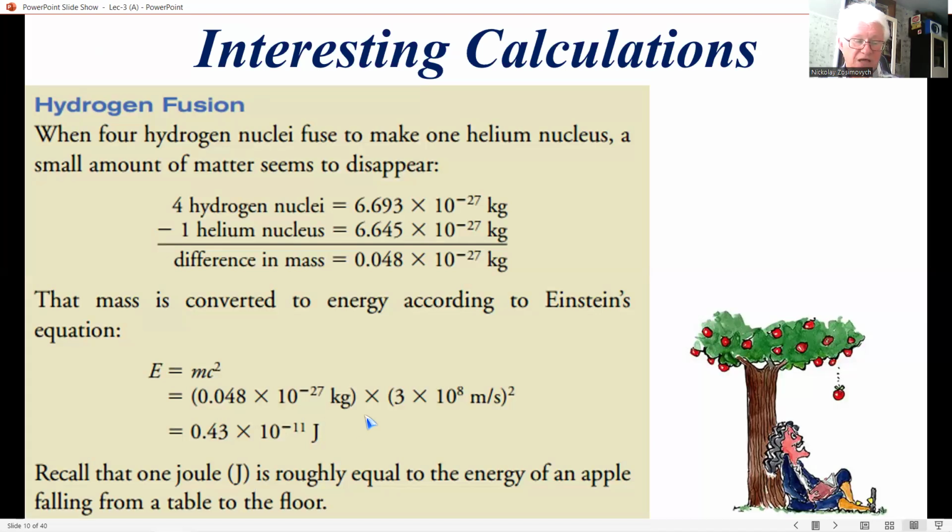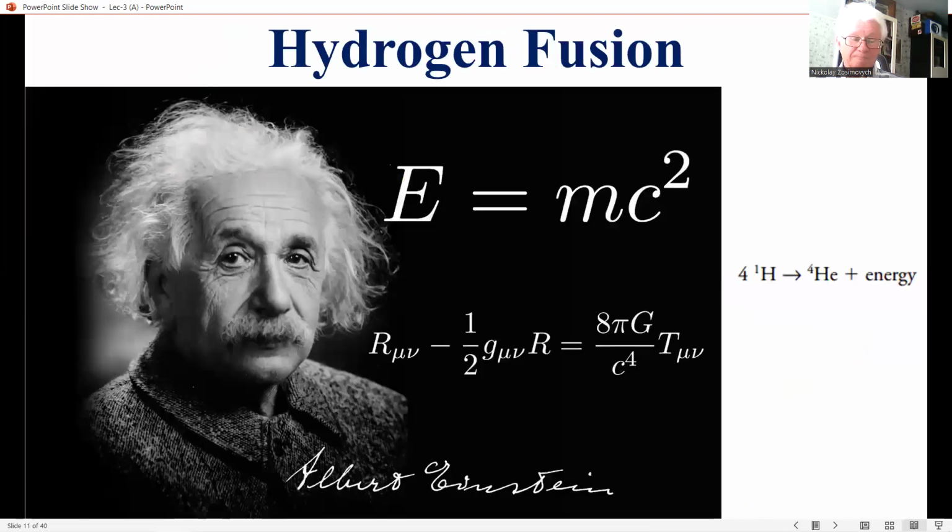Recall that 1 joule is roughly equal to the energy of an apple falling from a table to the floor. The sun fuses together 4 hydrogen nuclei to make 1 helium nucleus, because 1 helium nucleus has 0.7% less mass than 4 hydrogen nuclei.